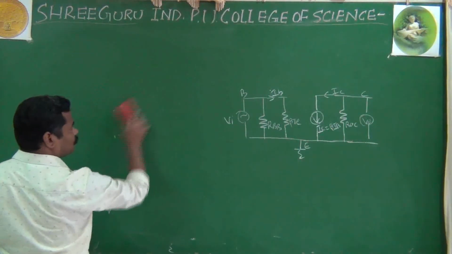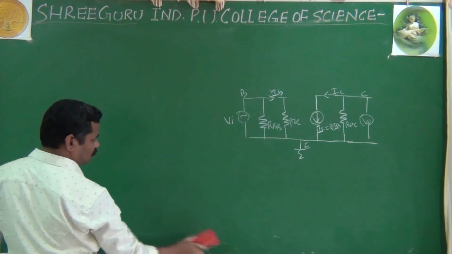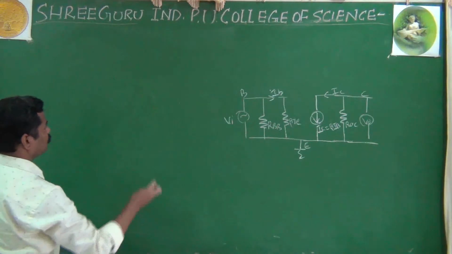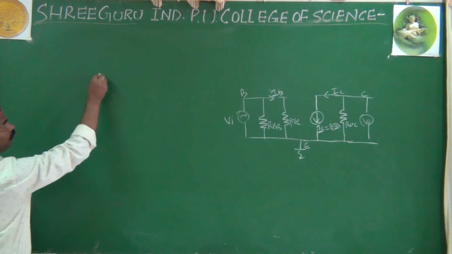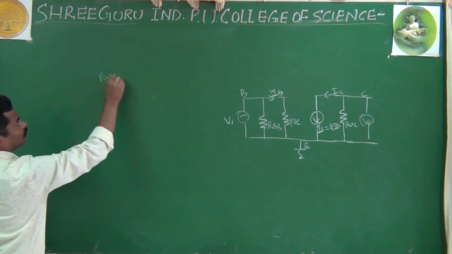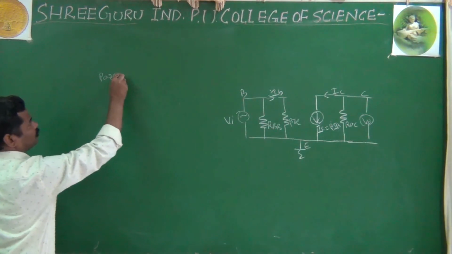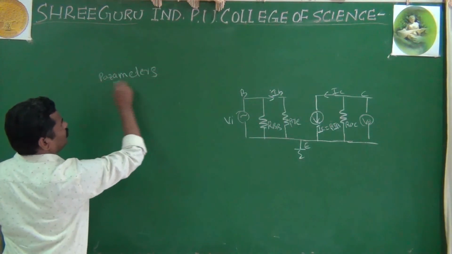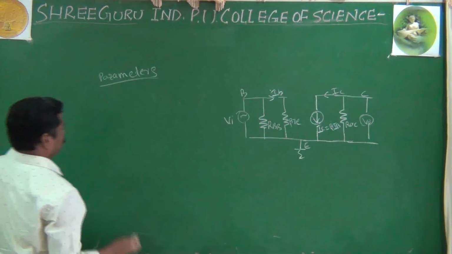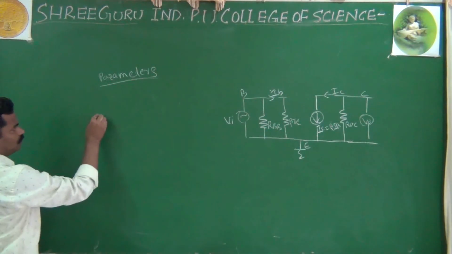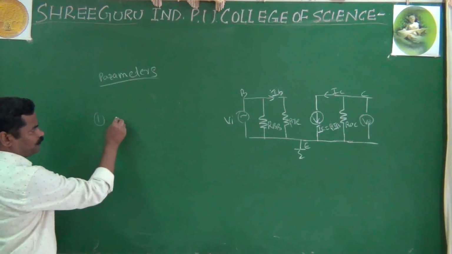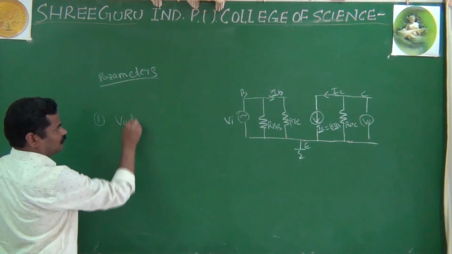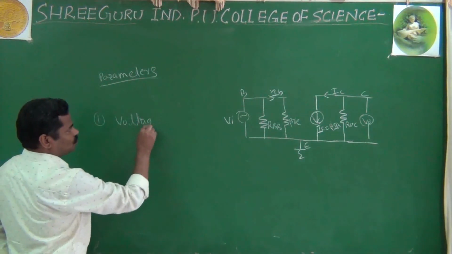Now we go for the important parameters, or you can write important characteristics. As we know, the first important thing is that you have to find the voltage gain.